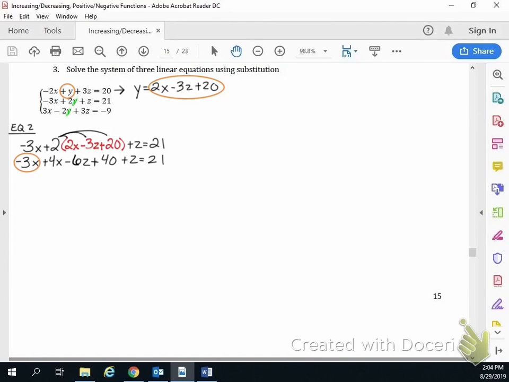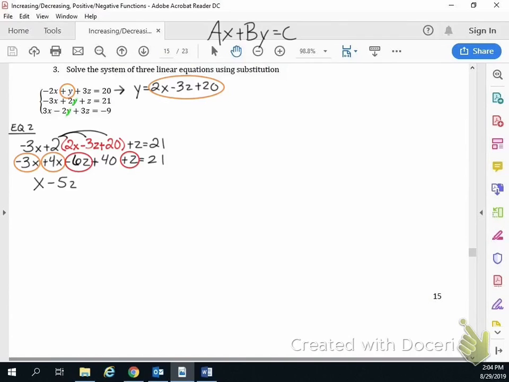So I've got negative 3x plus 4x, which is going to be what? 1x. After that, I've got negative 6z plus z, which is what? Negative 5z. And let me backtrack. Sorry, I meant to say this earlier. Whenever you're simplifying, we're trying to get it into standard form, equals c.